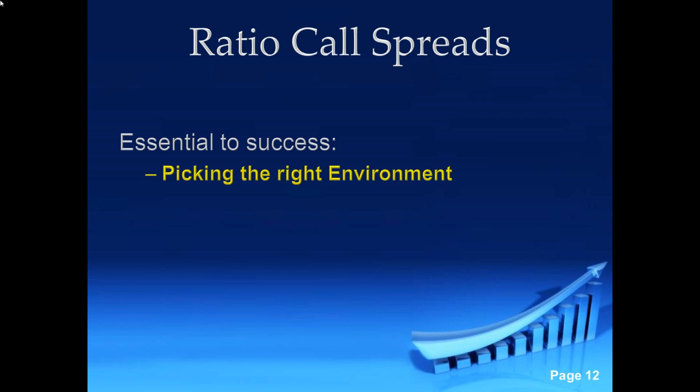But with this one, picking the right environment, we need implied volatility percent for that underlying to be over 50. If it's an ETF, it's over 30. Same rules for any of you guys that have been watching some of my other webinars. When we're doing high implied volatility percent strategies, that needs to be above 50 for a stock and above 30 for an ETF.